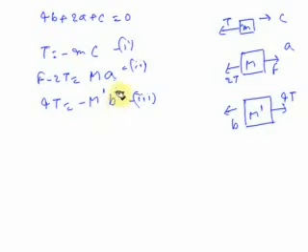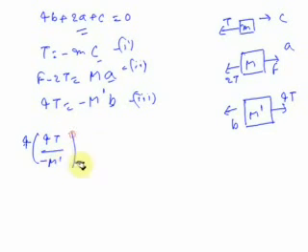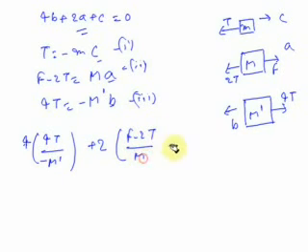So we can put the value of a, b and c in the equation which we derived from the thread constraint. We can write 4 into b, that is 4t by minus m dash, plus 2 into a, that is F minus 2t by M, plus c, which is t by minus m, is equal to 0.